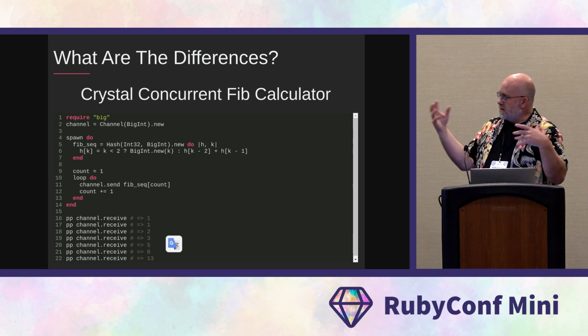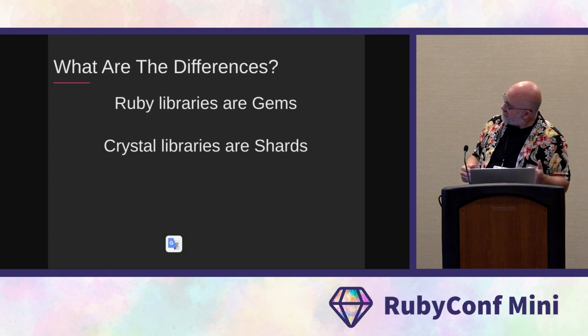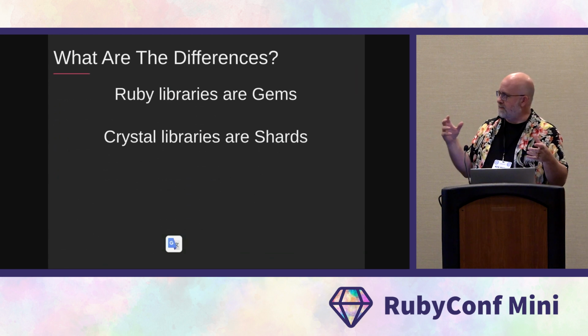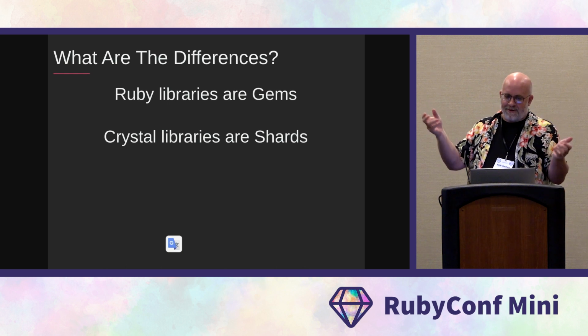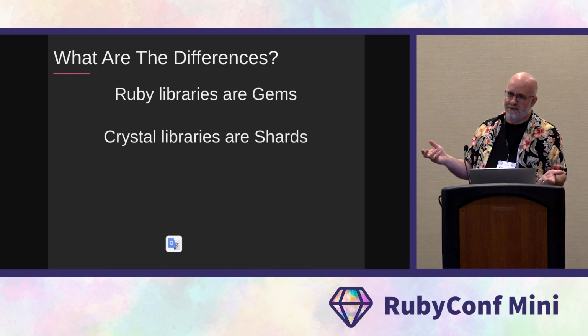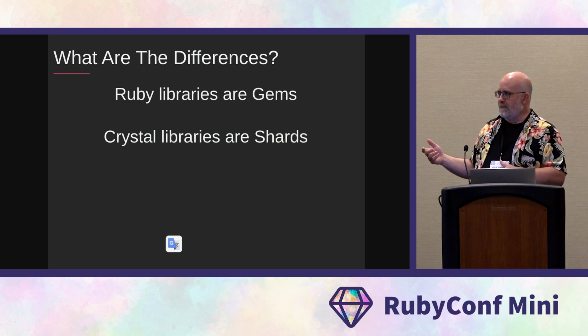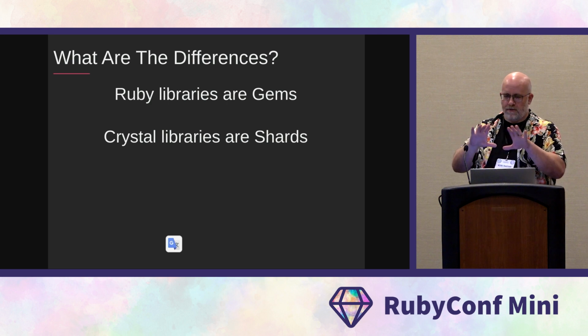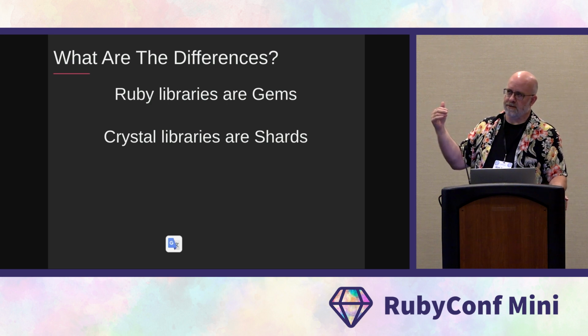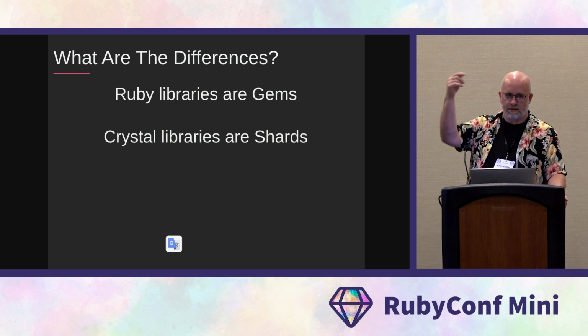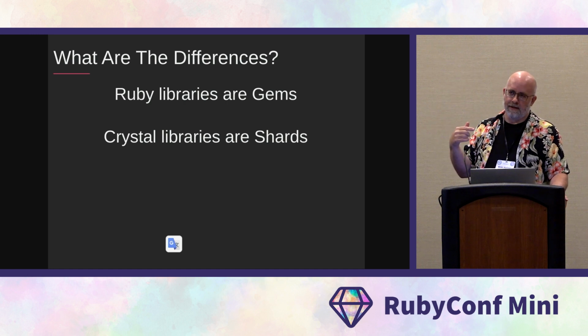Now, some other little differences. Ruby libraries are gems, Crystal libraries are shards. And just like with Ruby you have a gem command, in Crystal you have a shard command. The actual low-level management is a little bit different because shards uses a YAML file to describe everything in it.